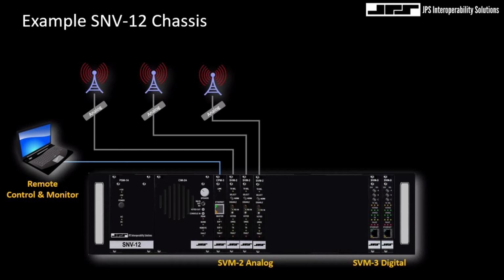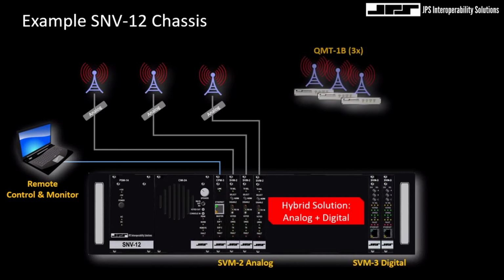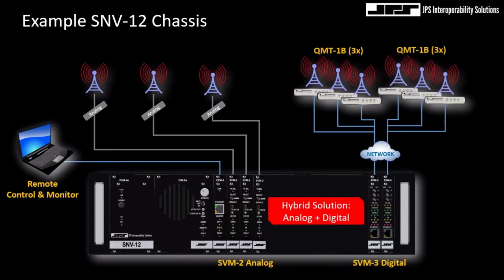And remember, digital site voter modules can support 3 receiver sites. This means we can assign 3 remote QMT modules to each SVM3 module over the network. We can even create some really nice site density in a single chassis, considering 1 slot can now support 3 receiver sites.